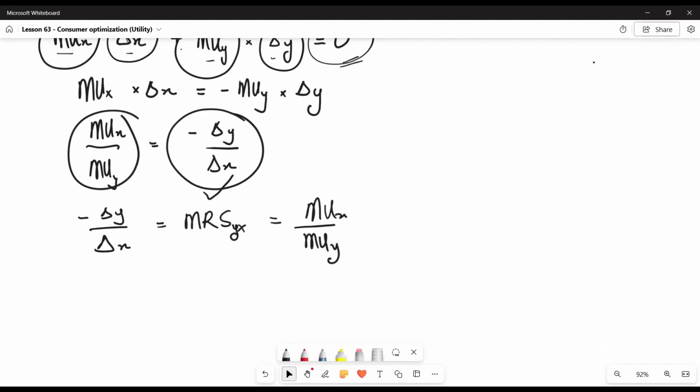What this tells us is that the marginal rate of substitution is equal to the ratio of marginal utilities everywhere along the indifference curve.